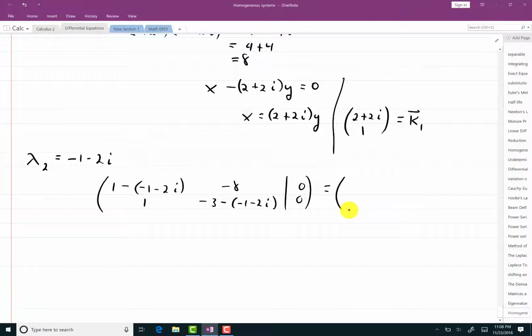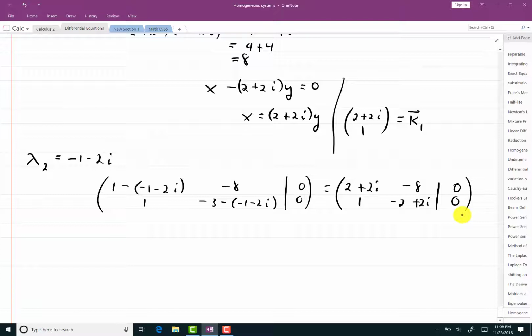Let's simplify a little bit. As before, 1 minus -1 will give me a 2, and then -2i will be plus 2i. The -8 is unaffected. Down here I'll get 1, and then 3 minus -1 will be -2 plus 2i.